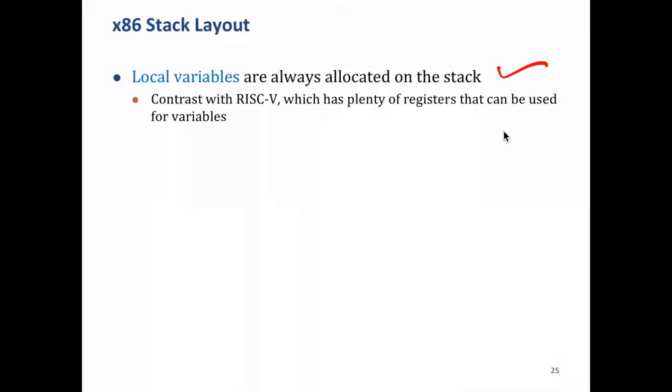Here you can see the advantage of RISC-V, because most of the variables are allocated in registers, as there are many registers, 32 of them, many of which are general purpose.